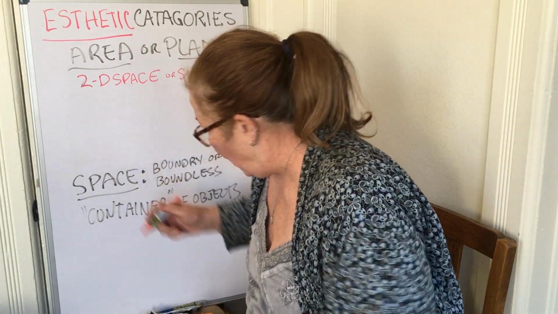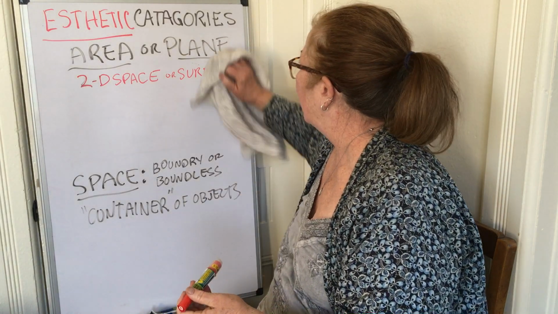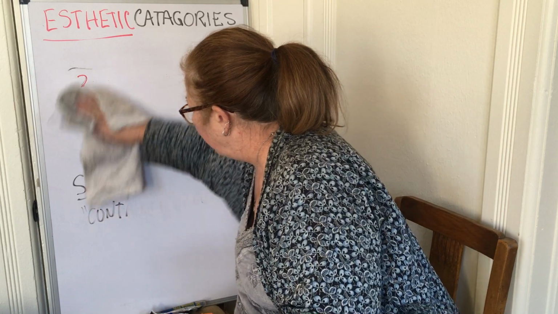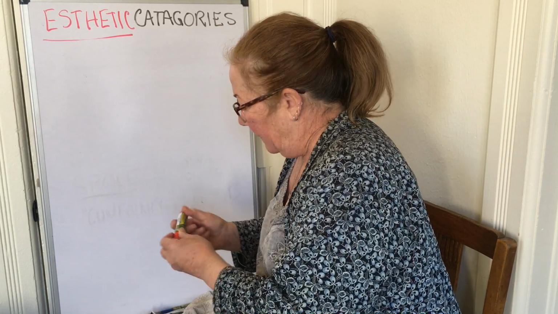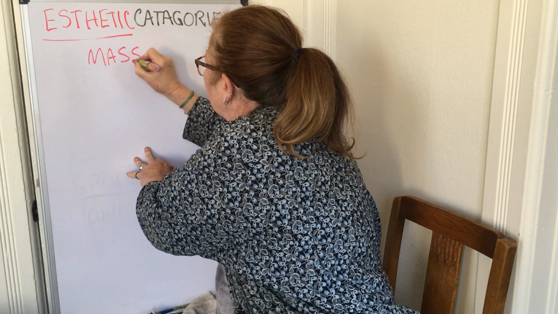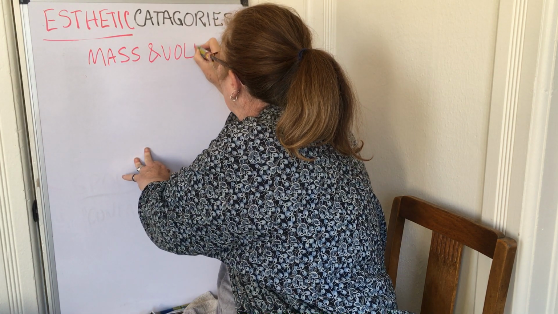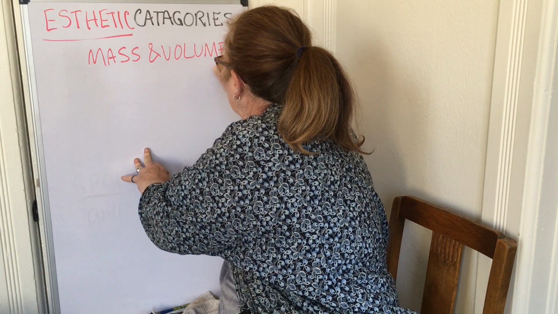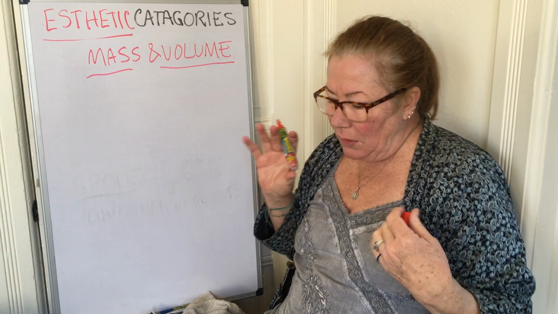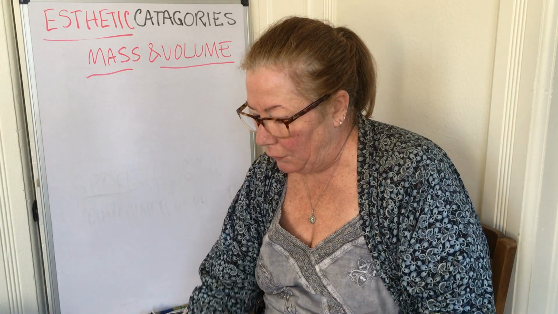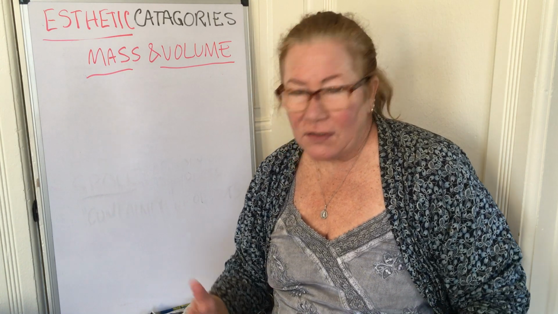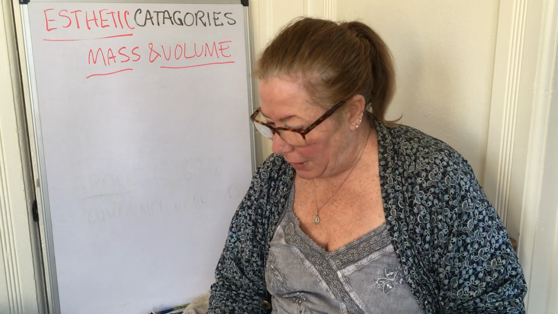So mass and volume. So let's talk about this. These are kind of big deals in art and pretty important to know about. Okay, so we've got mass and volume. All right. So we use mass and volume to describe a three-dimensional space, as in, say, a sculpture or architecture, okay?